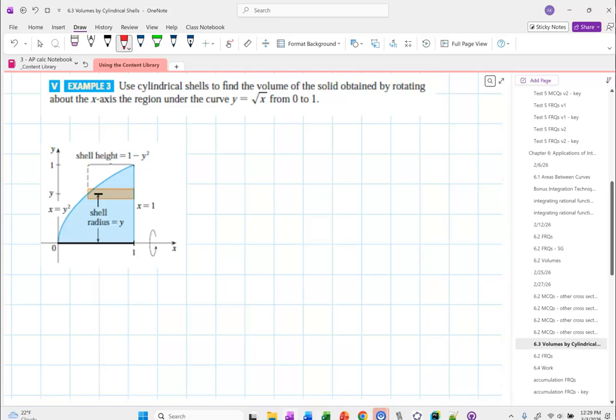Let's start. We're rotating about a horizontal axis. Tells me it's a dy problem. I'm always going to be drawing my radius from the axis of rotation to the curve.